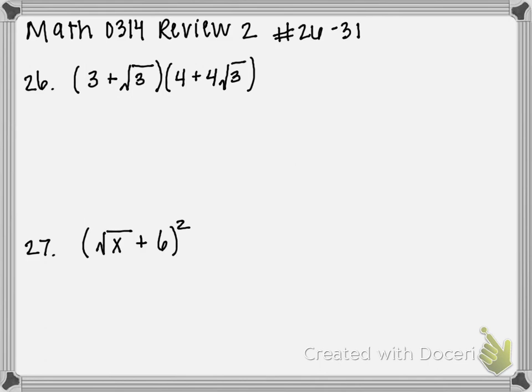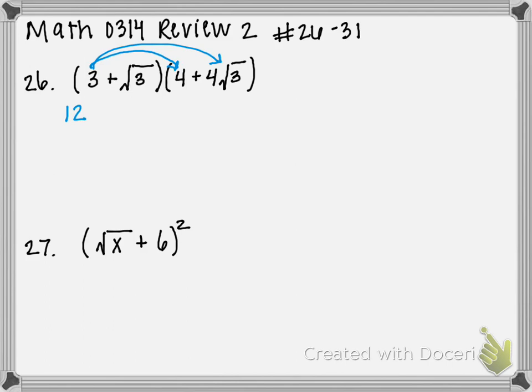So what we actually end up doing is foiling, just like we've seen with polynomials. So we'll end up doing 3 times 4 to get 12, and 3 times 4 square roots of 3.